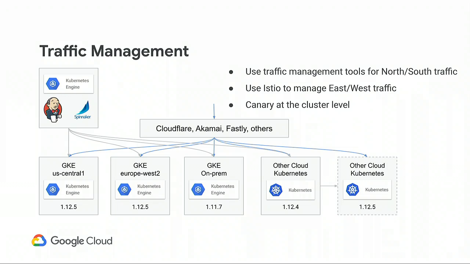So how much traffic you're getting from the outside to a particular Kubernetes cluster. And tools like Cloudflare or Akamai or Fastly, something like that, can help you manage that traffic. And that allows you to canary your application at the cluster level.